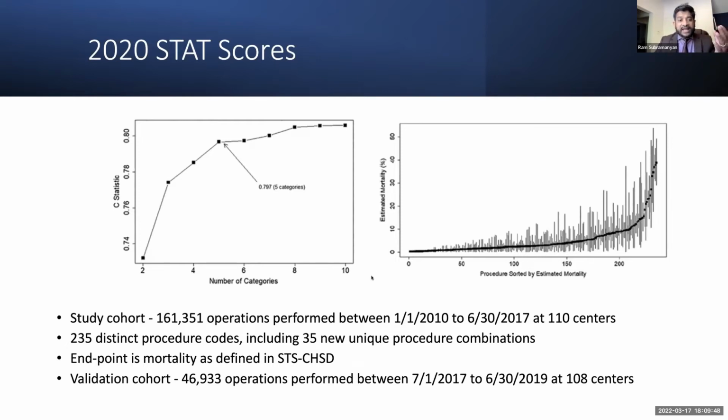And it was felt that number of categories remaining at 5 STAT categories, as you can see in the arrow that's pointing in the left side figure, 5 STAT categories had an AUC as high as 0.7, high 0.7s, close to 0.8, and accurately captured the difference in mortality between the various procedures. Next slide, please.